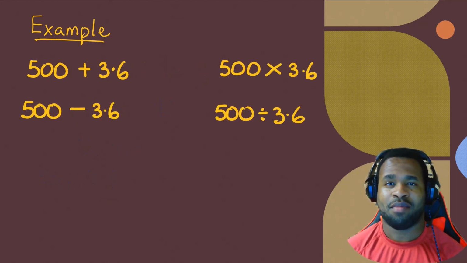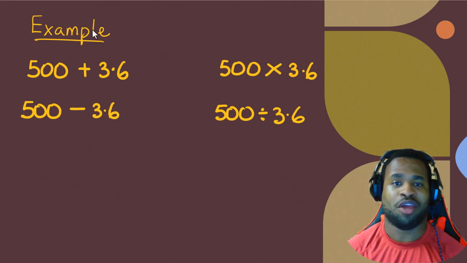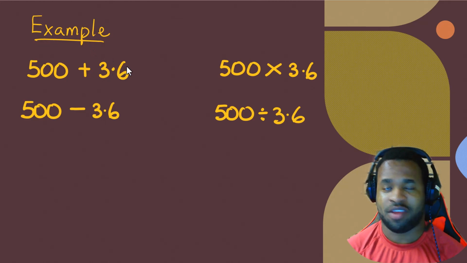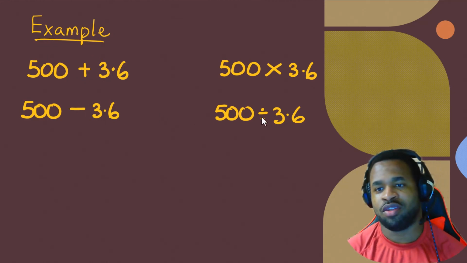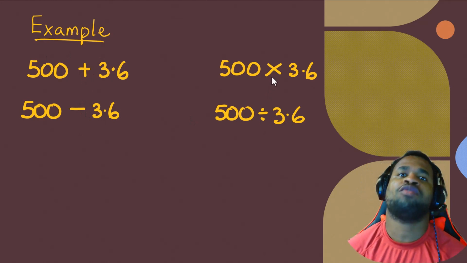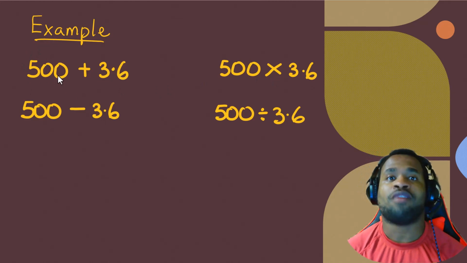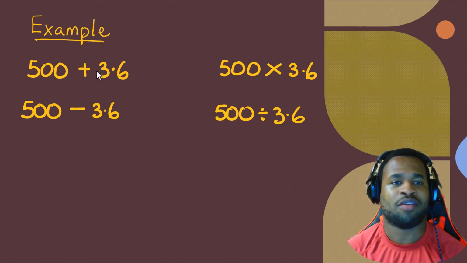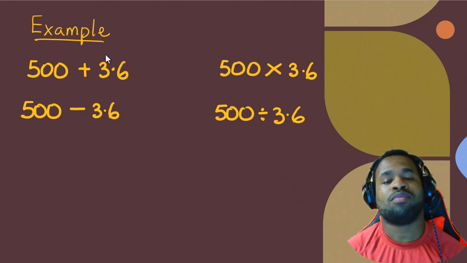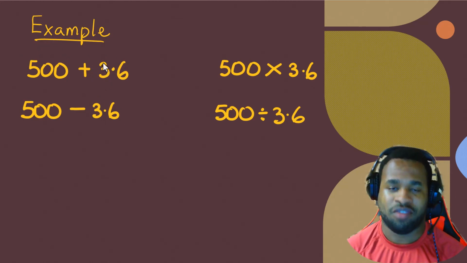Now the next example shows us the following, where we have an approximate number, in this case 3.6, and we're going to apply operations, in this case addition, subtraction, division, multiplication, to an exact number, which in this case is 500. Therefore in this part for addition, remember that because 500 is an exact value, our approximate number is going to be the determining factor in terms of the result.